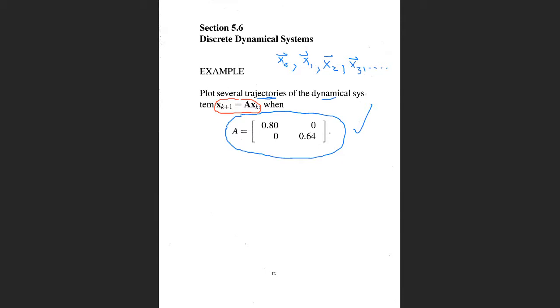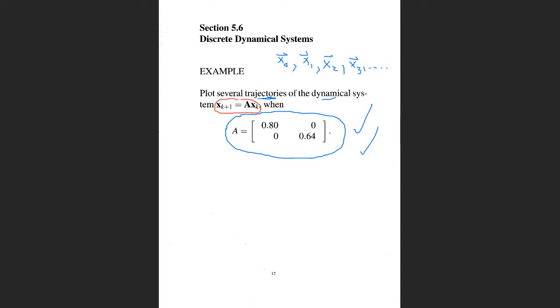So, what's the first thing that we have to do, class, for this matrix A? What do we always have to find in chapter 5 for these problems? To ascertain behavior. That's right, Hung. Eigenvalues and eigenvectors.